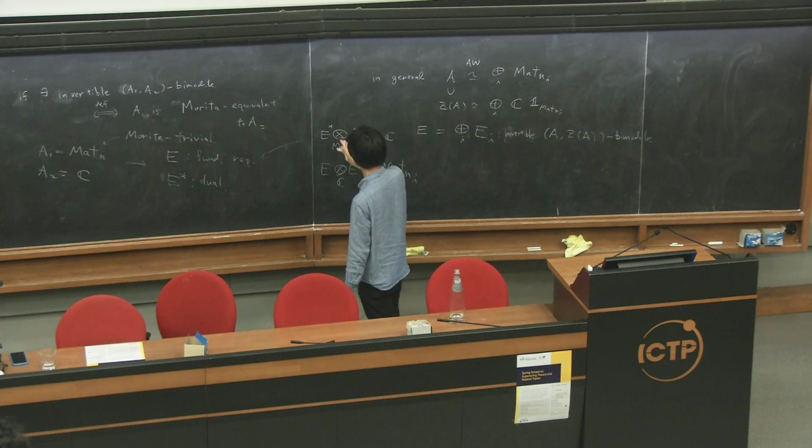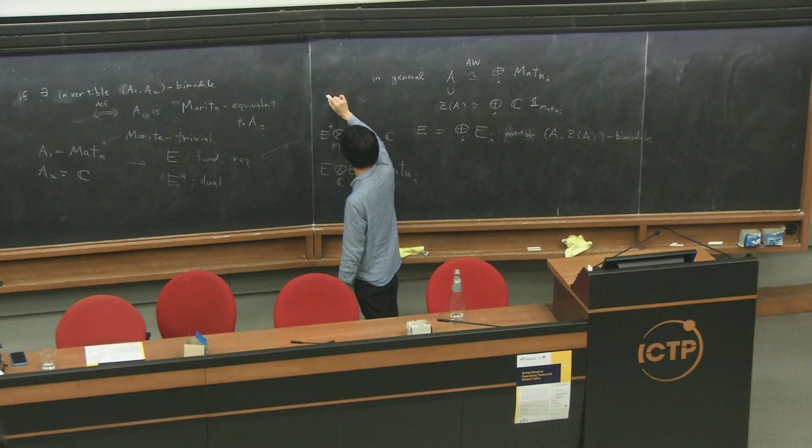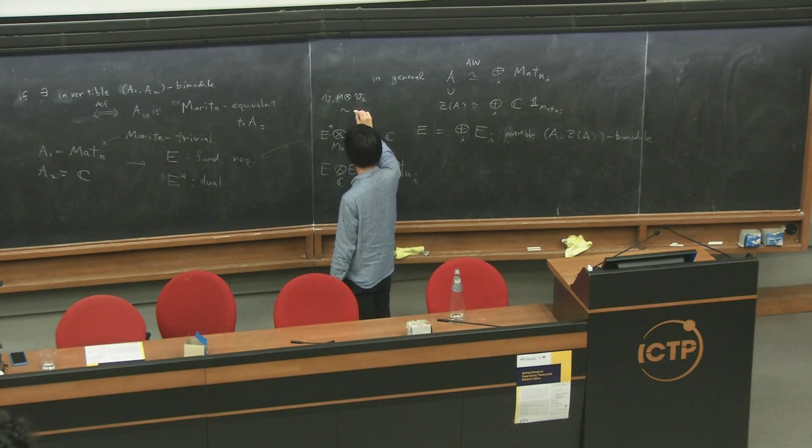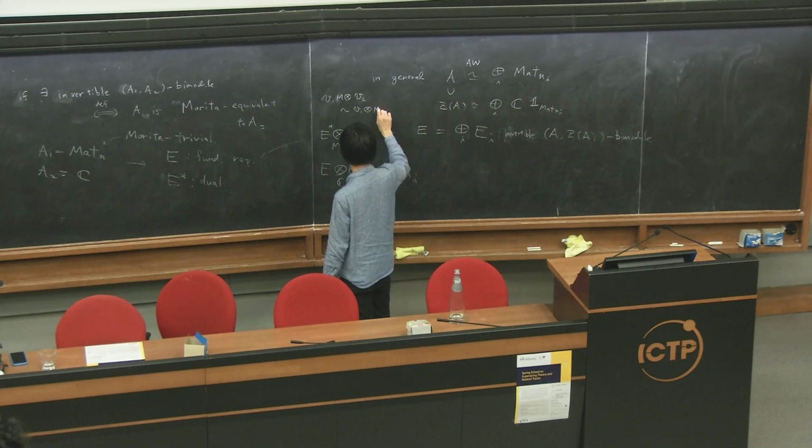The definition of the tensor product is that B1 tensor M, B2 is identified with B1, M B2.